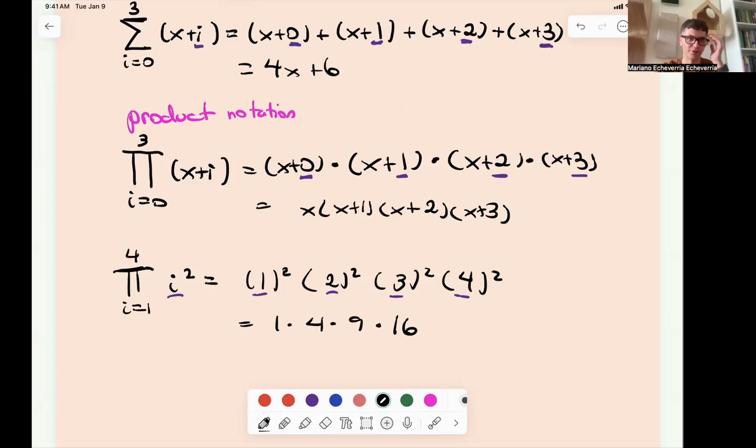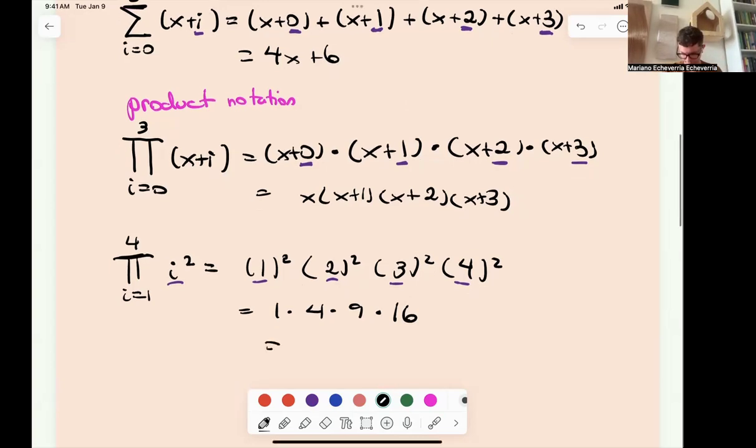If you multiply it out, it's 576. So obviously in the product notation, because it's multiplication, if you were working just with numbers, the result will in general be way bigger or way smaller than just adding them, depending on whether the numbers are greater than 1 or smaller than 1.